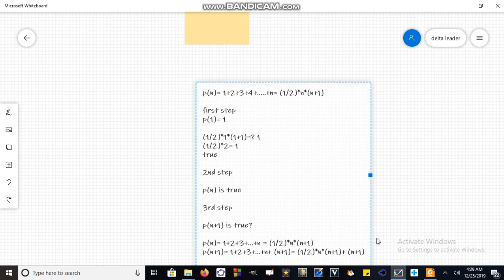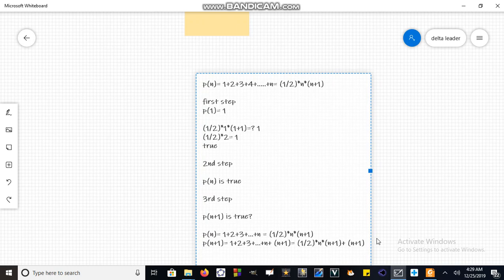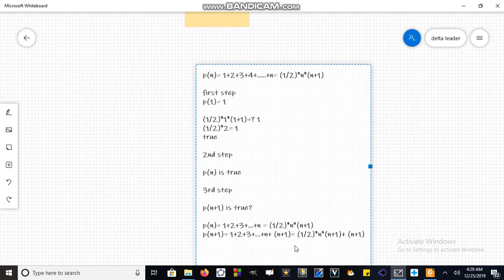As you can see here, we can put n plus 1 in factor. So we have n plus 1 multiplied. We have put this n plus 1 and this plus n plus 1 in factor.